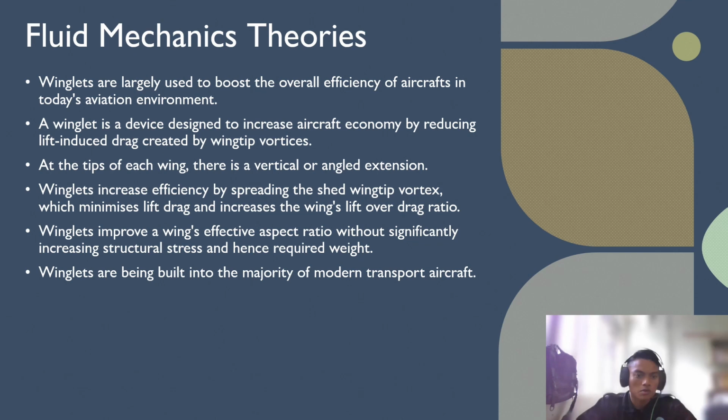At the tips of each wing, there is a vertical or angled extension. Winglets increase efficiency by spreading the shared wingtip vortex, which minimizes lift-induced drag and increases the wing lift over drag ratio. Winglets improve a wing's effective aspect ratio without significantly increasing structural stress and hence required weight. Winglets are being built into the majority of modern transport aircraft.